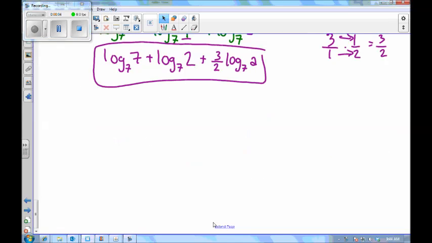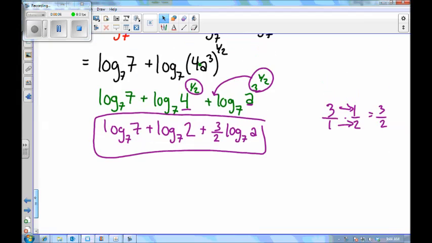Okay, I made an error on this last example, so I'm re-recording because I got sidetracked. I forgot to explain that right here, where it says log base 7 of 7, when the base matches this number right here, it actually cancels it out. So this 7 really has an exponent of 1.